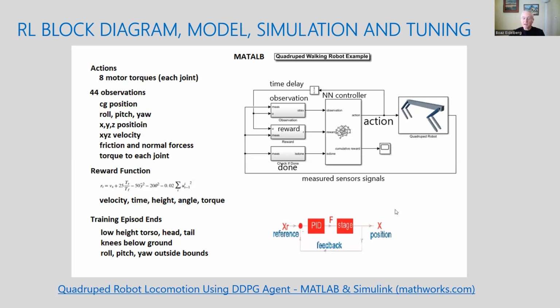In the PID, we had the controller over here, and we see the neural network controller over here in the reinforcement learning. In a PID, we had position feedback for 1 degree of freedom.